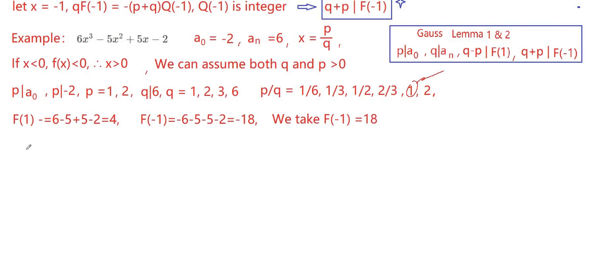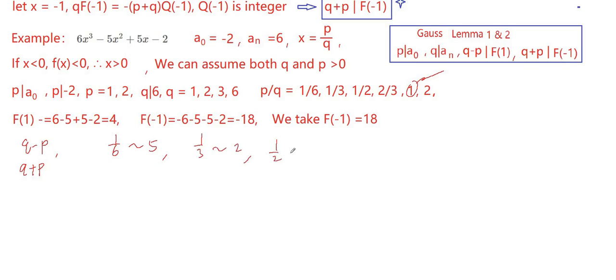Now we calculate q minus p and q plus p for each of the values. For 1/6, q minus p is 5. For 1/3, q minus p is 2.